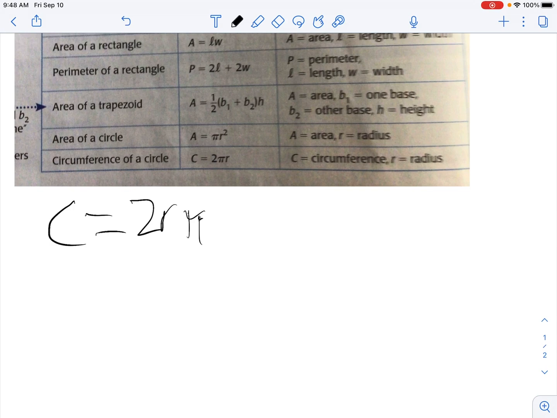So we're not changing the problem, but we're going to keep pi in terms of pi. That's why I like to put the radius there. And the question is, find the radius if the circumference equals 44 inches. Okay, circumference equals 44 inches.